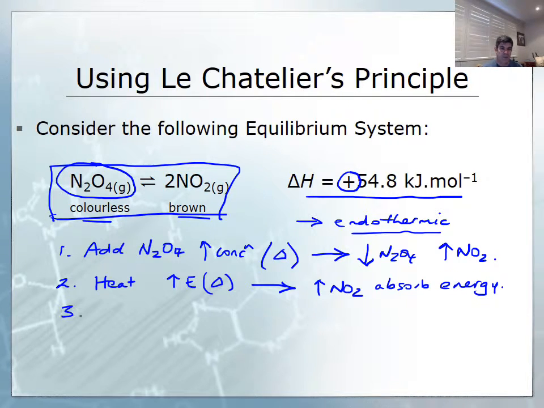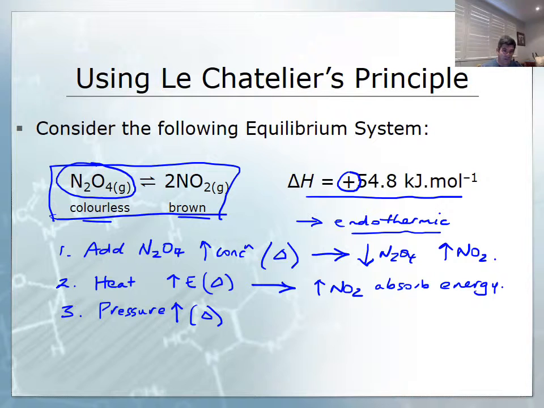A third thing we can do is we can increase the pressure. Okay, so if the pressure goes up, then effectively what we're doing is pushing all the particles closer together. They're going to bash into each other more often. Now, if that happens, this again is the change. Can we expect some shift in the system? Well, yes, we can.